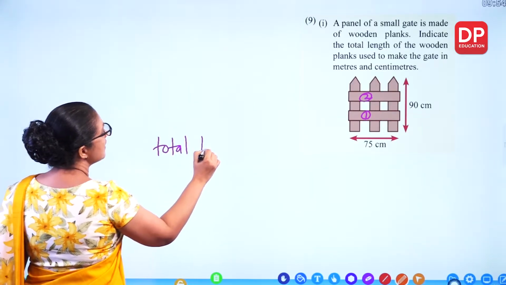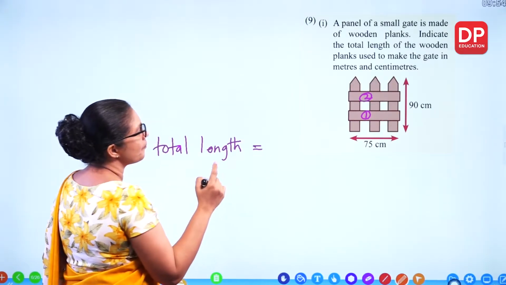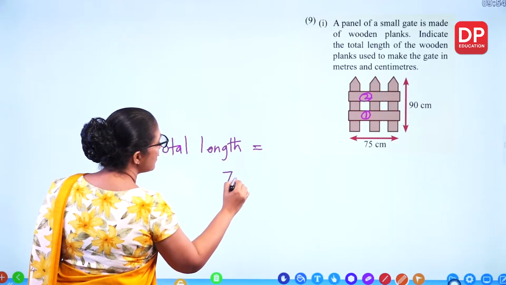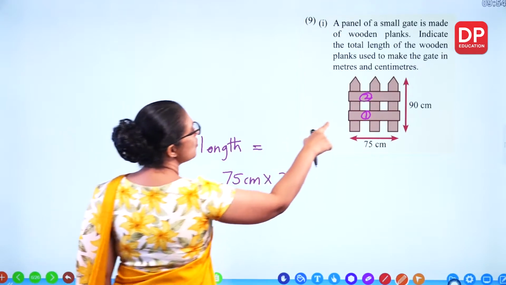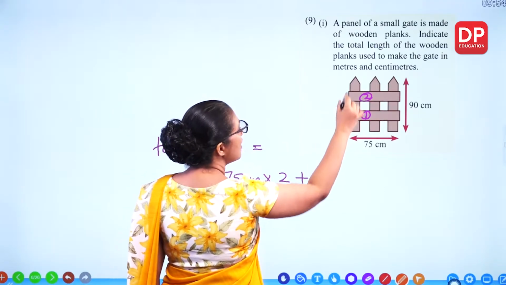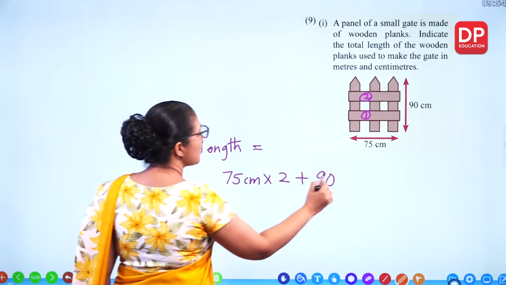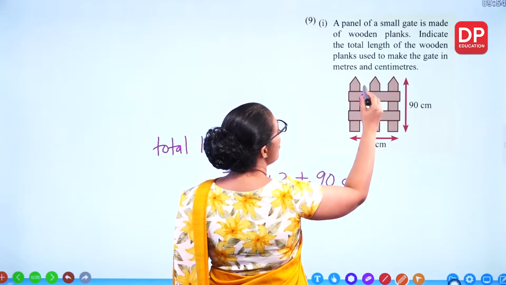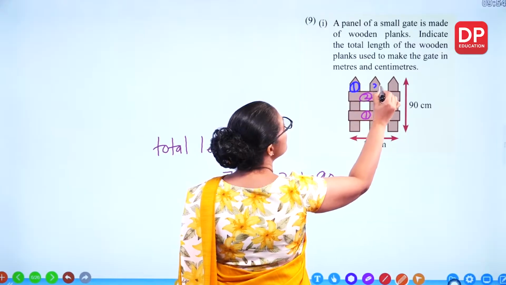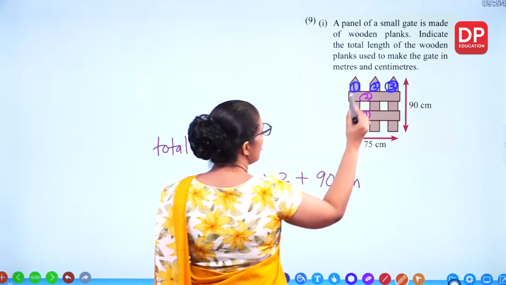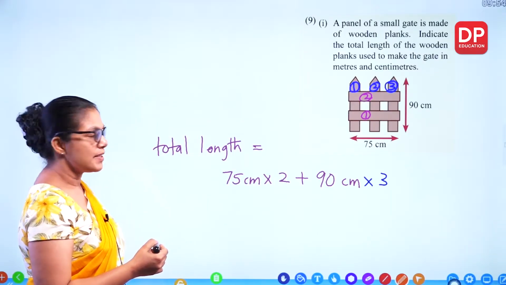Total length is equal to 75 centimeters times 2. We need 2 here. Plus the vertical ones are 90 centimeters long. 90 centimeters into how many are there? 1, 2, 3. 3 planks are there. So you can multiply.